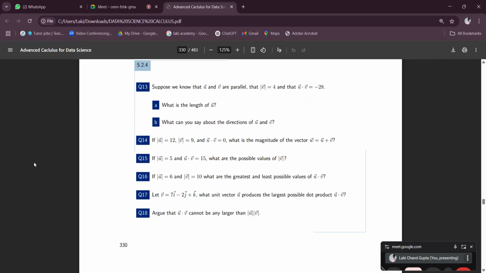I think we need to use the cosine theta relationship again, right? Cos theta equals u dot v over the modulus of u multiplied by the modulus of v.